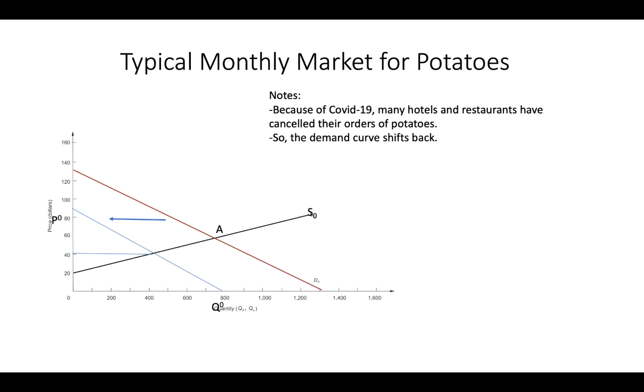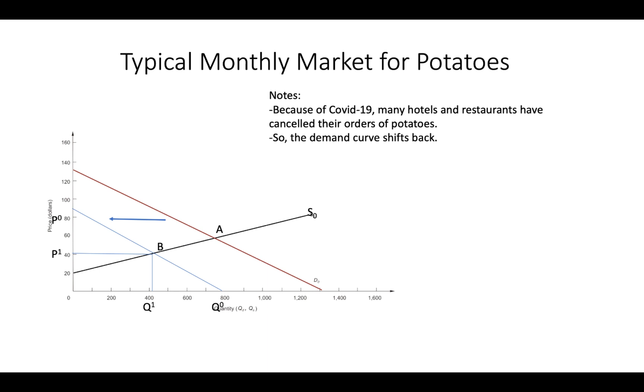With that, we're going to get a new equilibrium price and quantity. That's point B. Our price now is a little bit over 40, and the quantity is a little over 400. So I'd say 42, and then maybe 405 is the quantity.